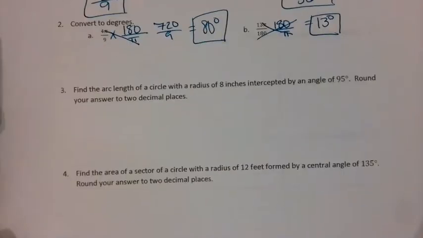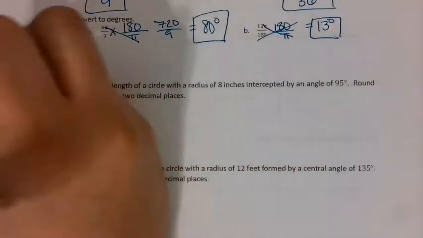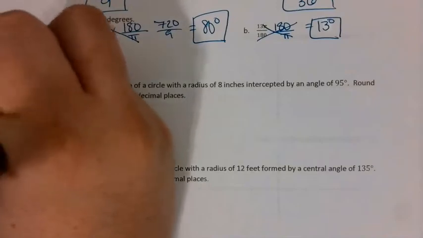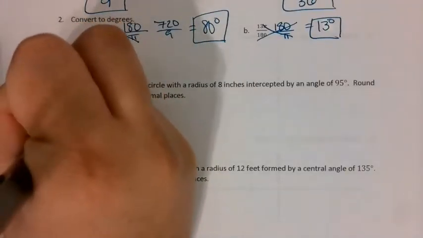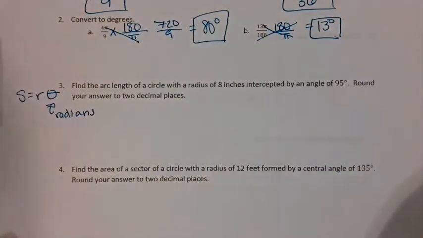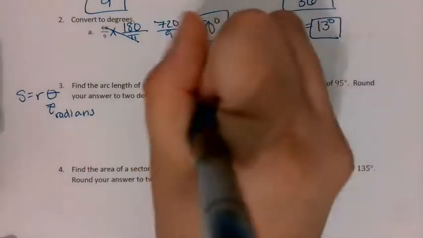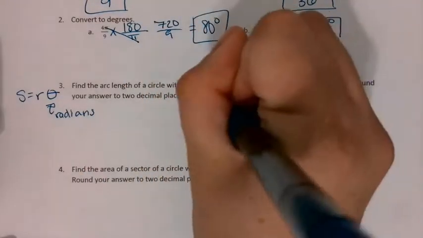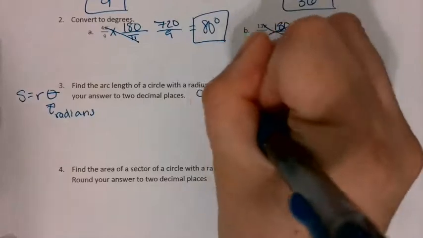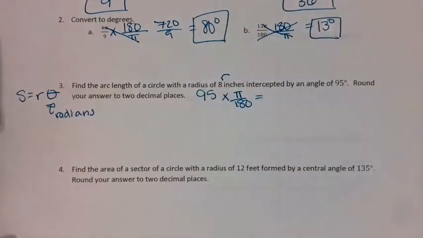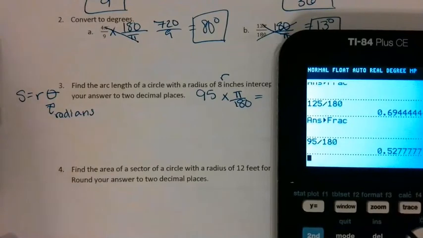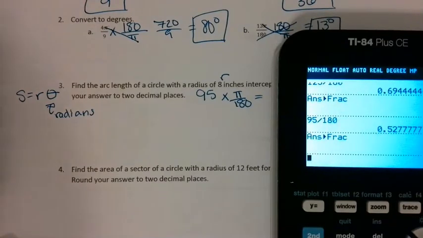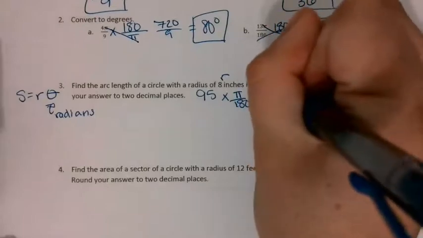Okay, number 3 wants me to find the arc length. Remember, the formula for arc length is S equals R theta, where theta is in radians. Okay, so my radius is 8, and I need to turn 95 into radians. That's 19 over 36.